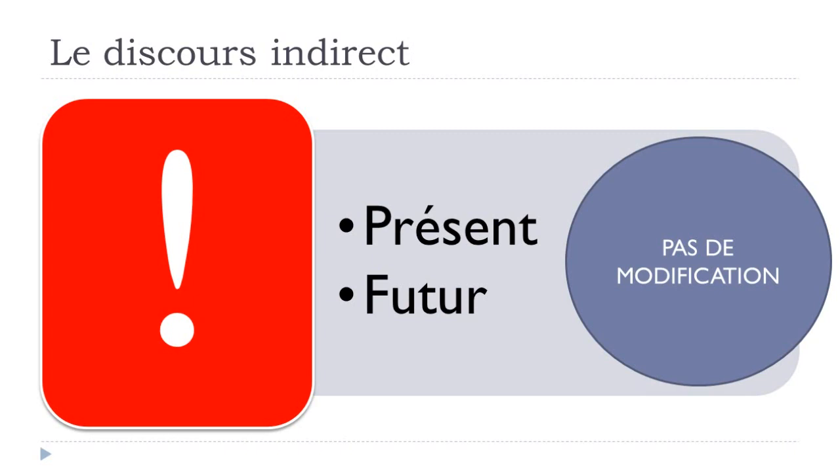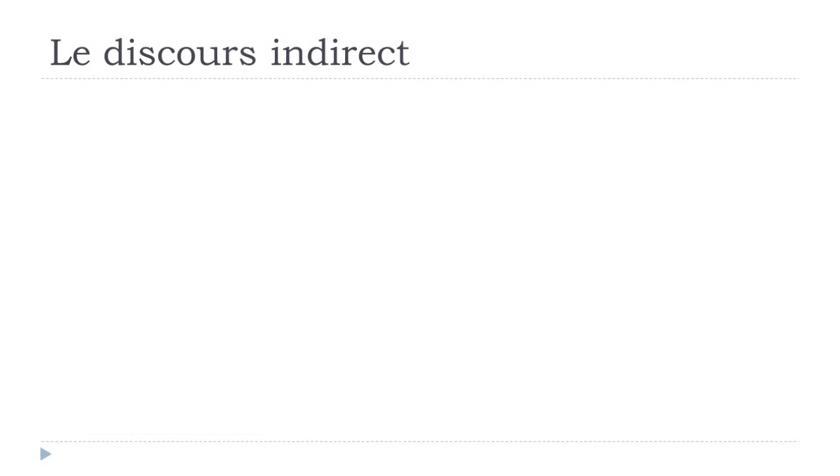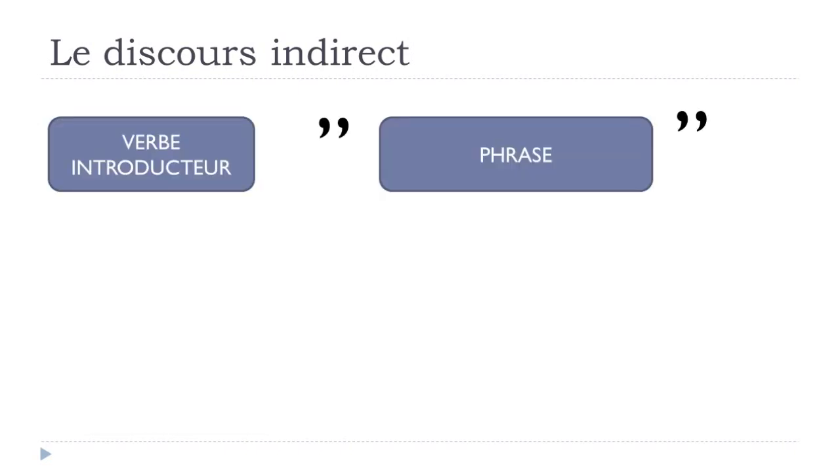But then, of course, it's the French language, and we've got to think about this. It's the common structure that we will have: verbe introducteur, and then after that the phrase, the sentence, okay? If you've got this first part at the passé, so it's the past here. Passé means past.